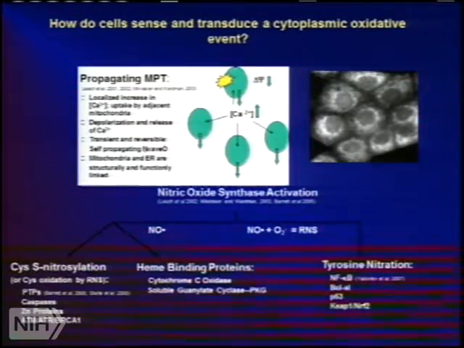And then another factor that is rather new is the nitration of tyrosines. And this happens in certain proteins, such as P53 and NF-kappa B. So we're starting to appreciate then that the reactive oxygen species, the reactive nitrogen species, they're involved in many signal transduction pathways in the cells. We're discovering more and more all the time.